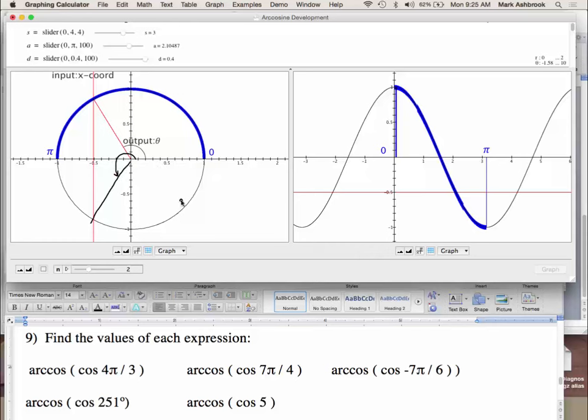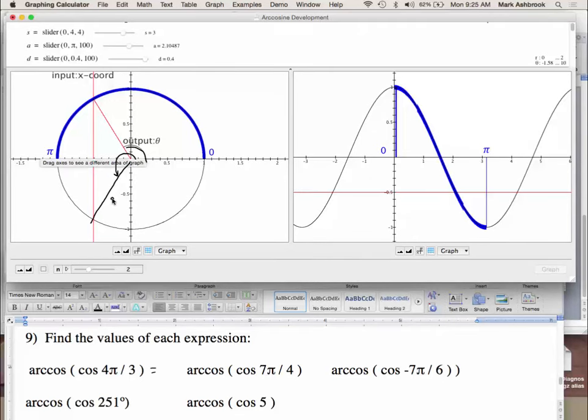Cosine's -1/2. So now we're asking what angle, if we want the arc cosine of that horizontal position, negative 0.5, we want the angle between 0 and pi that does it. What is it? 2 pi over 3, right? So it's this angle right here. That's between 0 and pi.